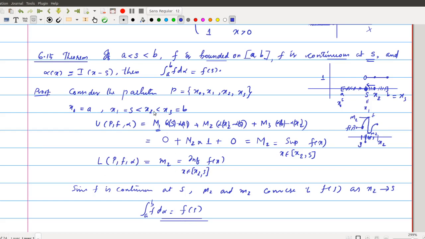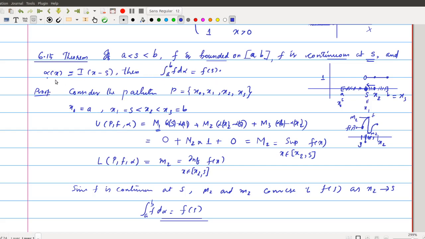Okay, so this proves theorem 6.15. What is the meaning of this? This is nothing but the approximation of this integral. If you consider the integral with respect to a unit step function, you get the value of the integral as the functional value itself.